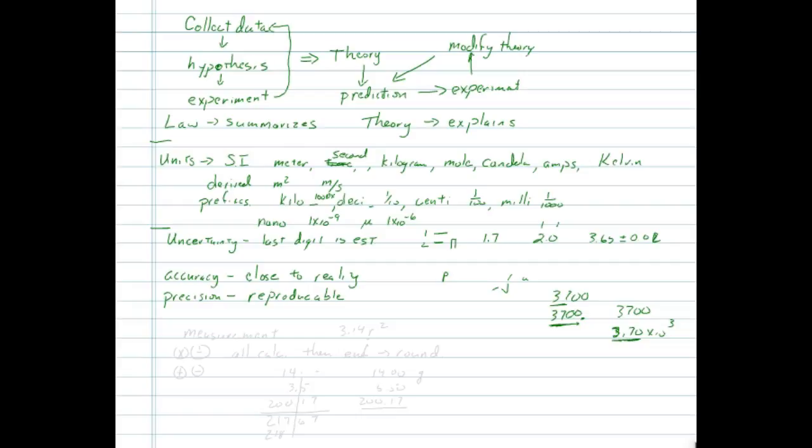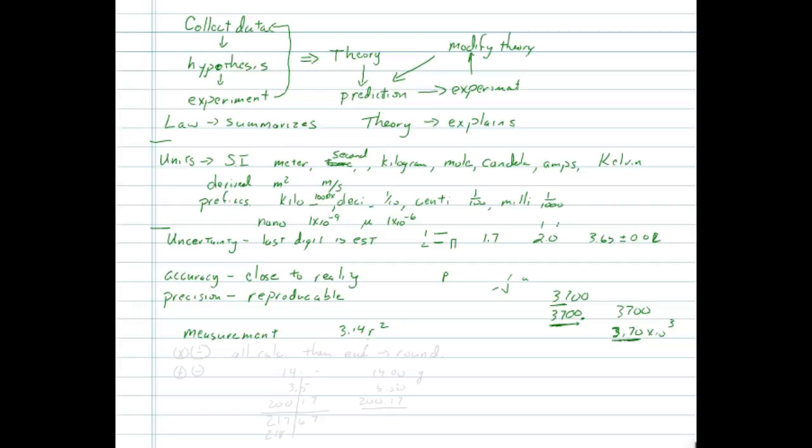Usually significant figures are only involved with the measurements that are taken. So you're only concerned with the numbers where a measurement was taken and put into an equation. 3.14 r squared.